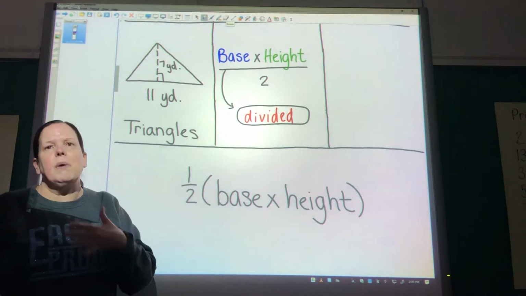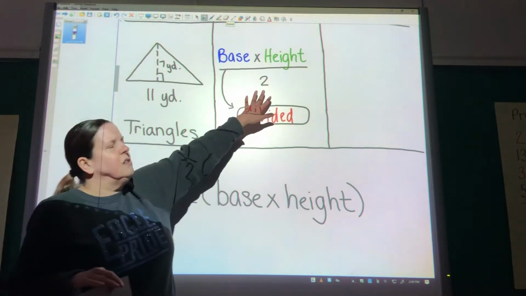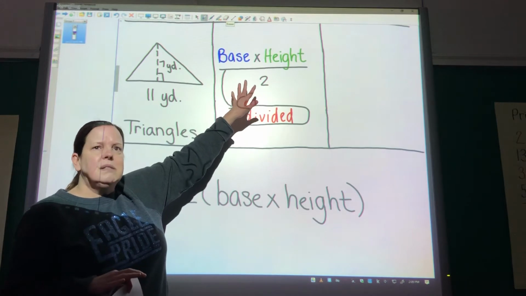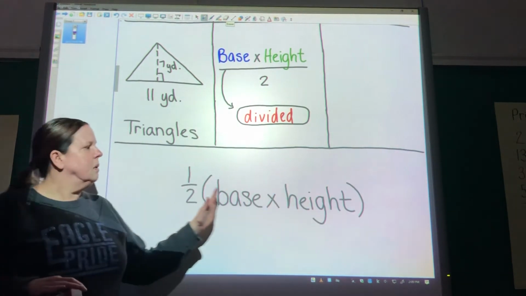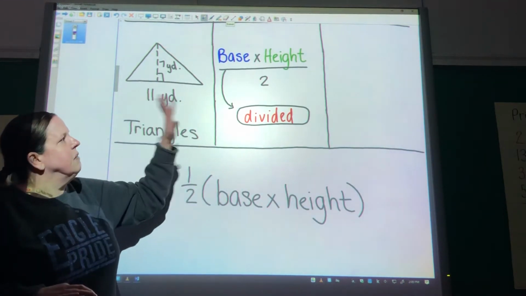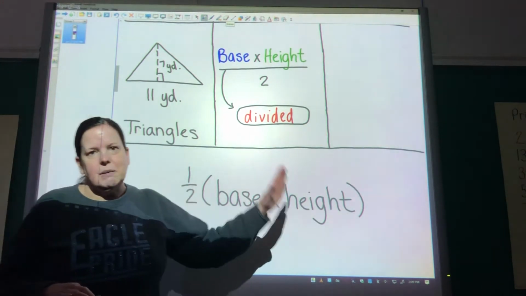Well, timesing it by 1/2 is really just dividing it by 2. So I feel like this is just a better way to put that. It means the same thing, but if this is your preference, you are more than welcome to use this as well. Okay, so base times height divided by 2 is the same thing as 1/2 times base times height.